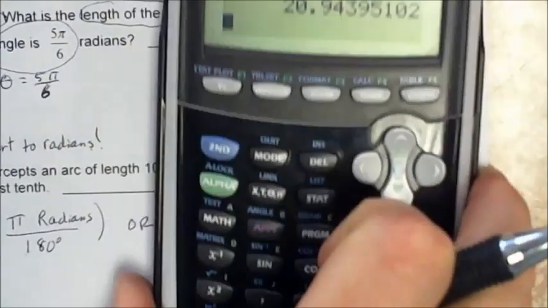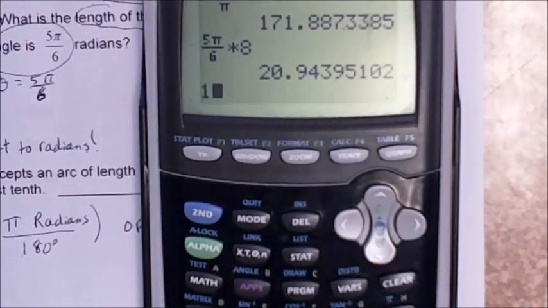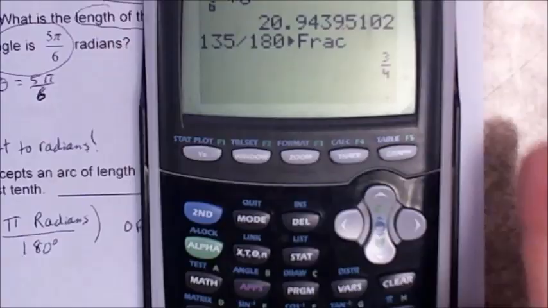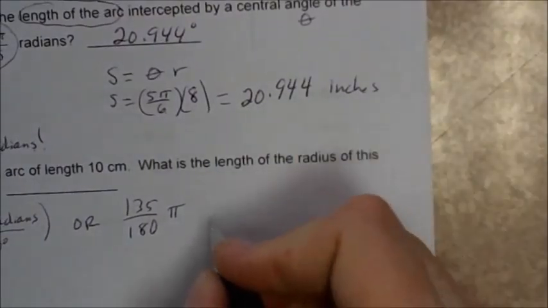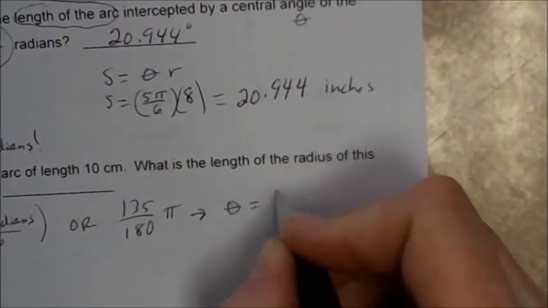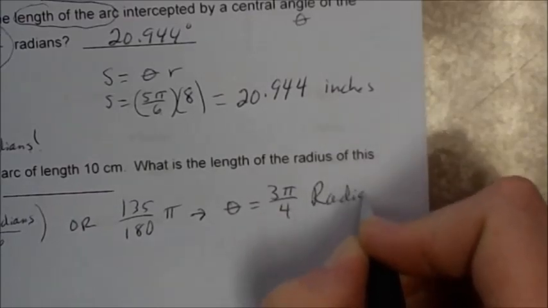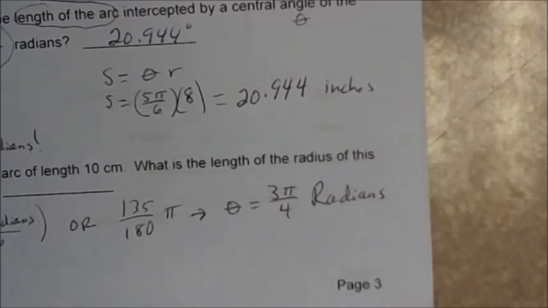So let's do it that way. That's what we did yesterday in class, or on the video. 135 divided by 180, math frac. Oh, we have 3/4 coming up. So our theta is equal to 3 pi over 4 radians, and that's what we need, not degrees.